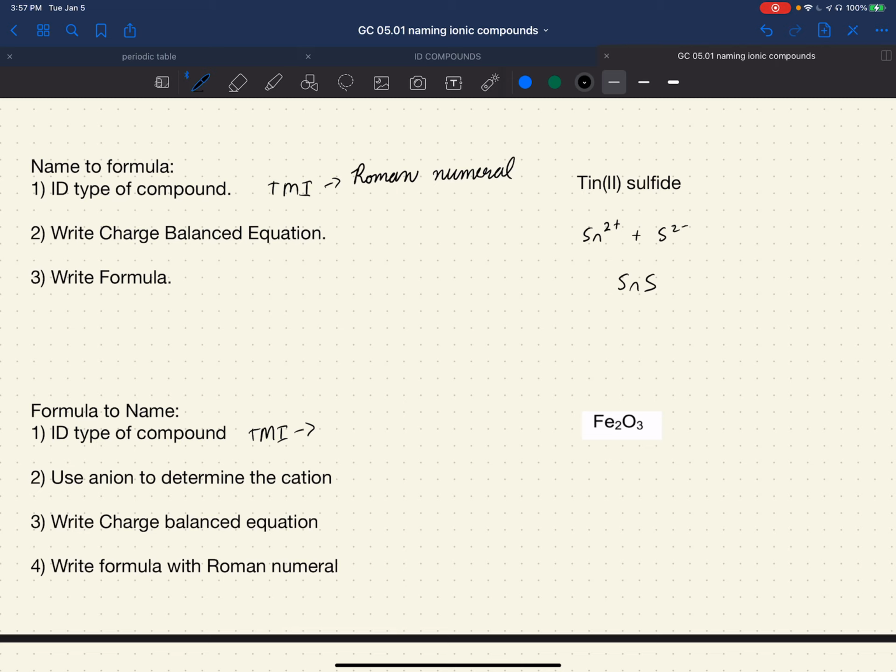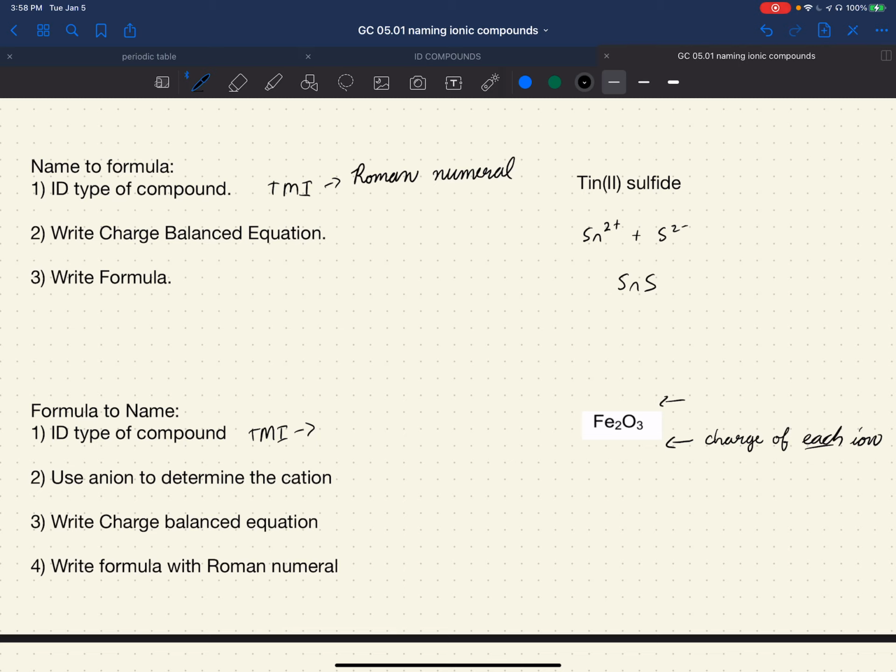So now, here's the key. Writing the charge balance equation for these is a little tricky. What you have to do is use the anion to determine the charge of the cation. So what I do is below, I write the charge of each ion.